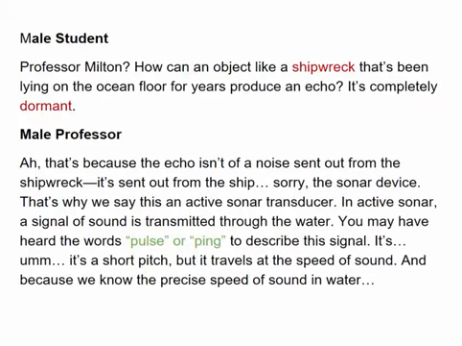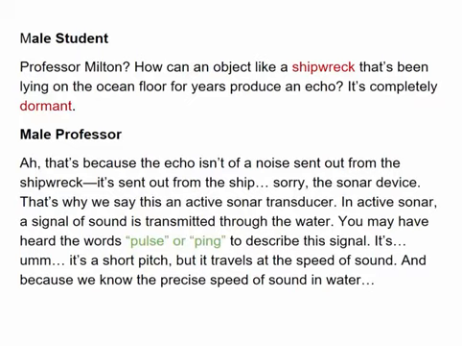Some clues for you from what the professor says. After the professor describes this signal as a pulse or a ping, he continues on. He says it's a short pitch, but it travels at the speed of sound. Okay, short. The diagram shows you a bunch of short signals being sent out of the transducer.